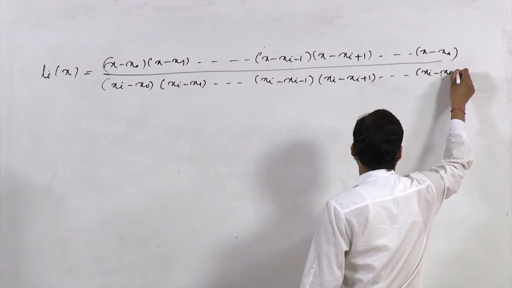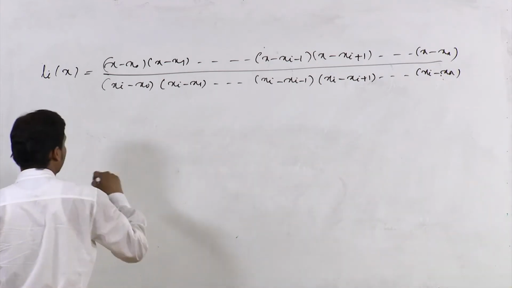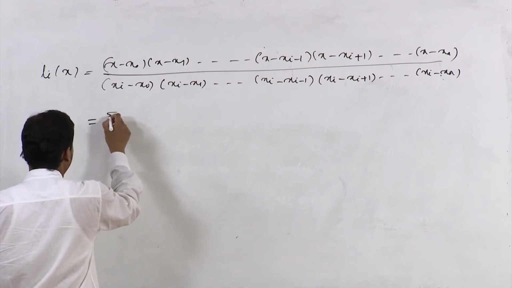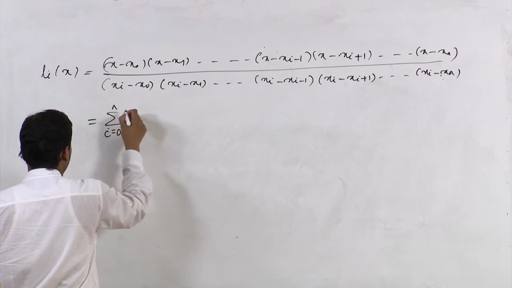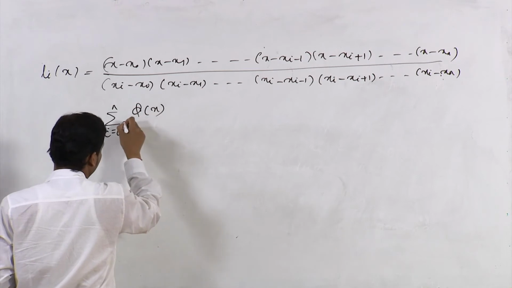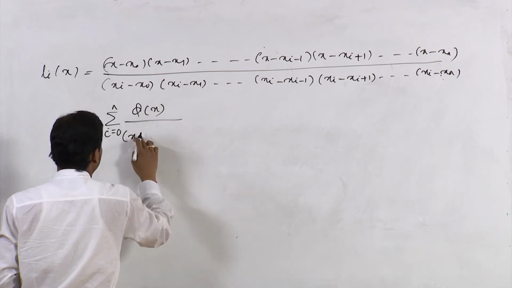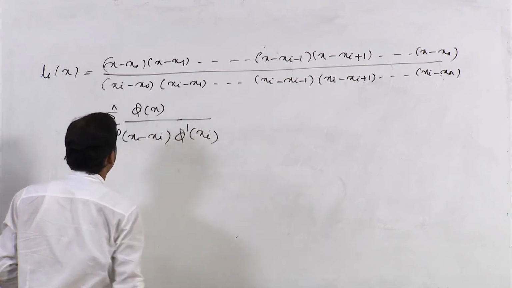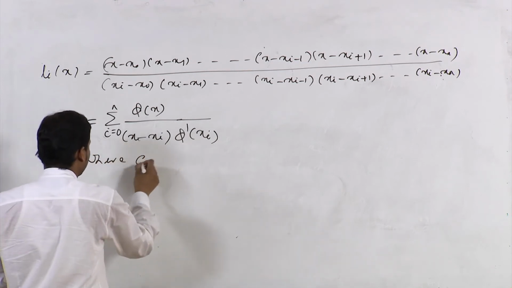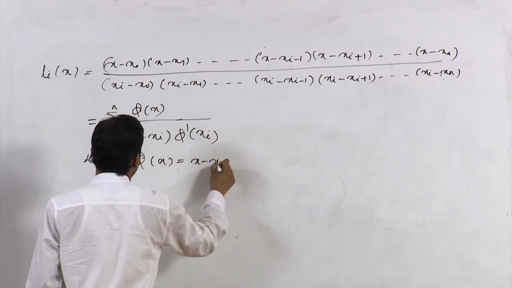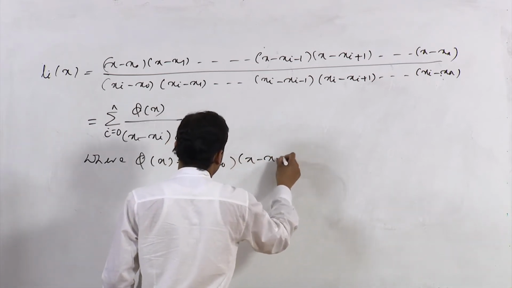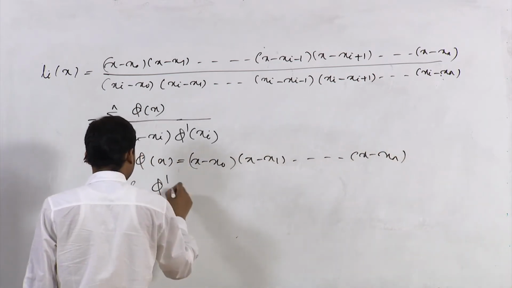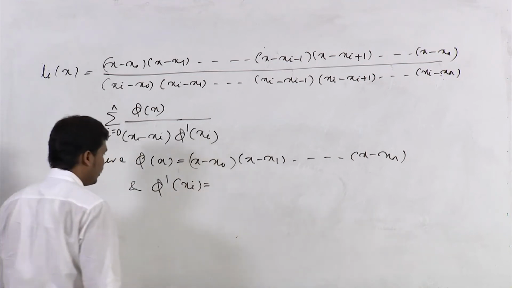Obviously, as I have discussed in the earlier classes, we can express this in the product form, which can be represented as, for i equals 0 to n, phi(x) divided by (x minus x_i) into phi'(x_i) here, where phi(x) can be represented in the form (x minus x_0)(x minus x_1) up to (x minus x_n) here, and phi'(x_i), especially, is called the derivative of phi(x).